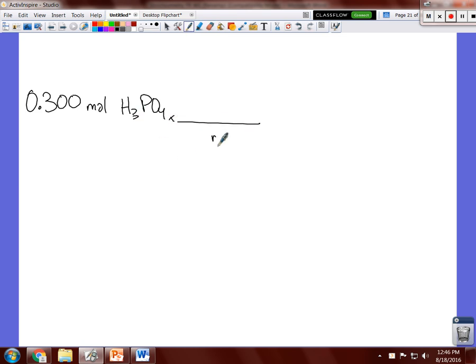Then we've got moles of H3PO4 to the moles of the solid, and I'm just going to write the word solid because I really don't feel like writing that whole thing out. So we've got moles of the solid to grams of the solid.